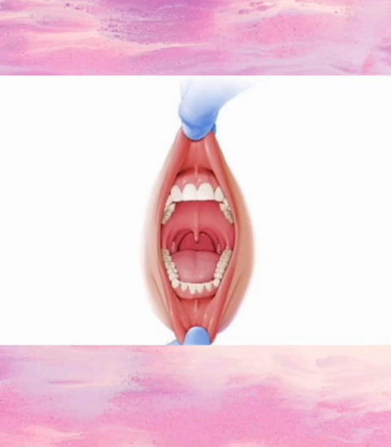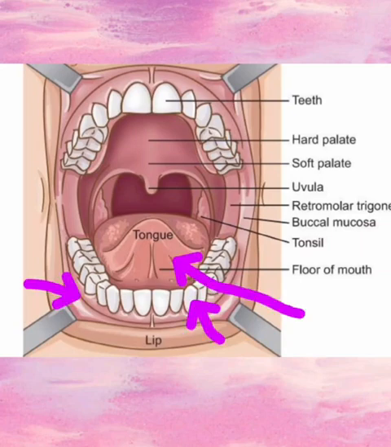Students, before we go further and learn swallowing and peristalsis, let's first see our oral cavity and learn a few new parts of this cavity. As you can see in this picture, you can see lips, teeth and tongue. These three are the familiar parts.